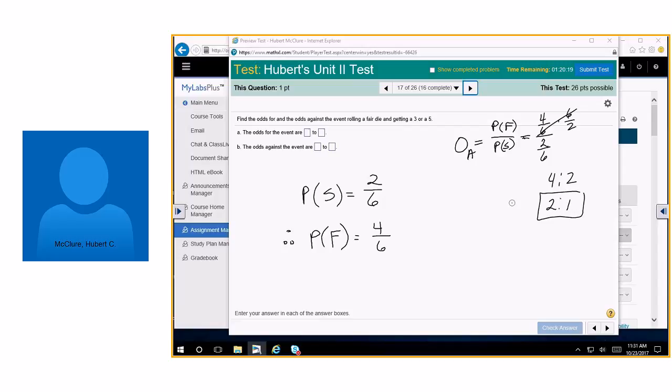If your odds against is equal to 2 over 1, what's the odds in favor? 1 to what? Reciprocal. So the odds for the event is 1 to 2, and the odds against is 2 to 1.